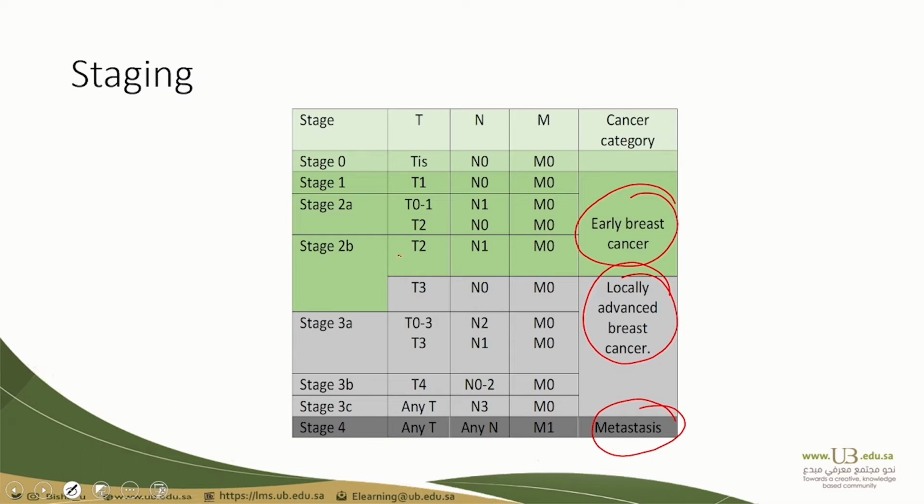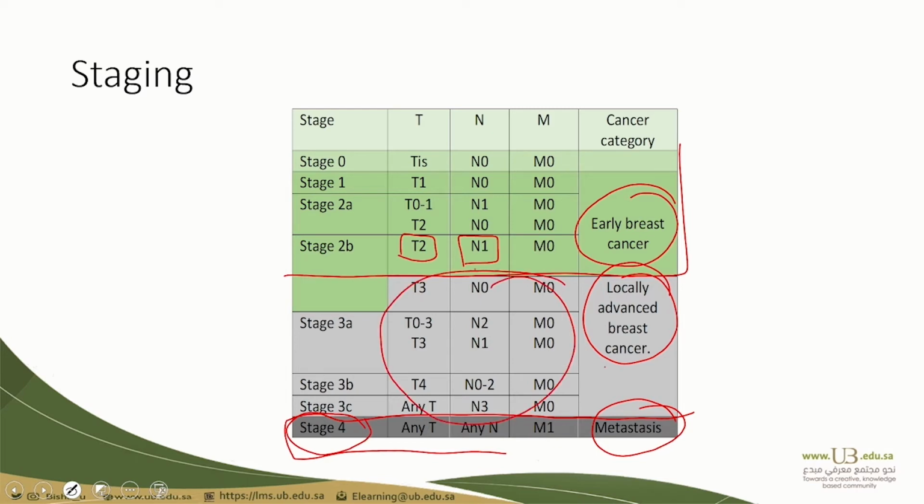If it is less than T2 and less than N1, it means that it is early breast cancer. If there is metastasis, it is stage 4. Between this and that, stage 3, which is locally advanced breast cancer. It is very easy. You don't need to memorize this.